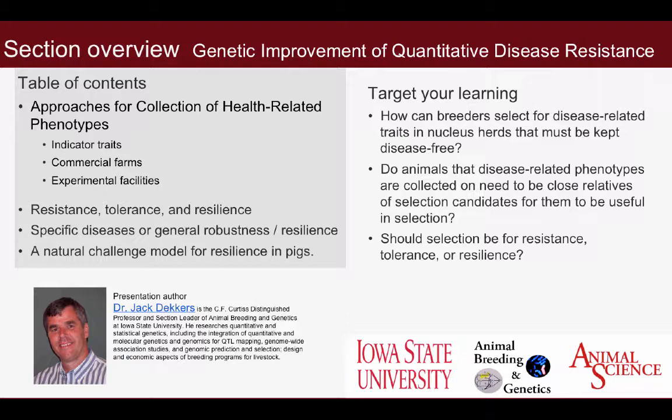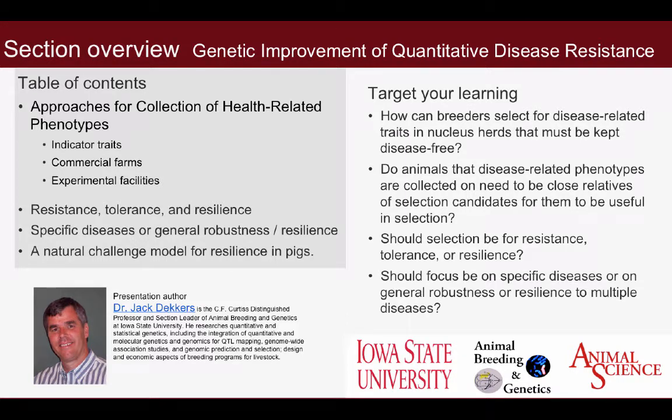Third, should we select for resistance, tolerance, or resilience? And finally, should the focus be on specific diseases, or should it be on general robustness or resilience to multiple diseases?